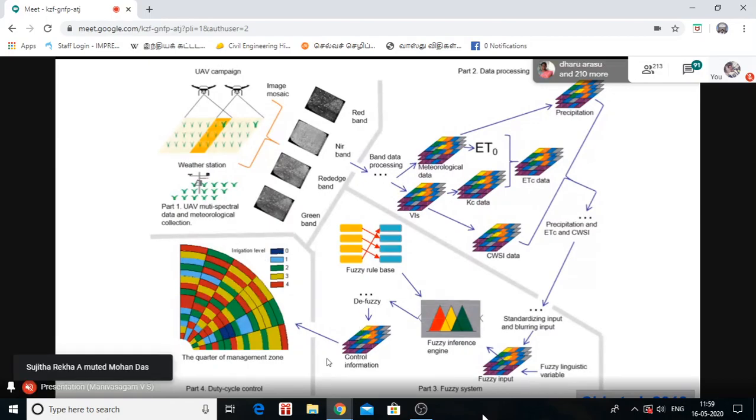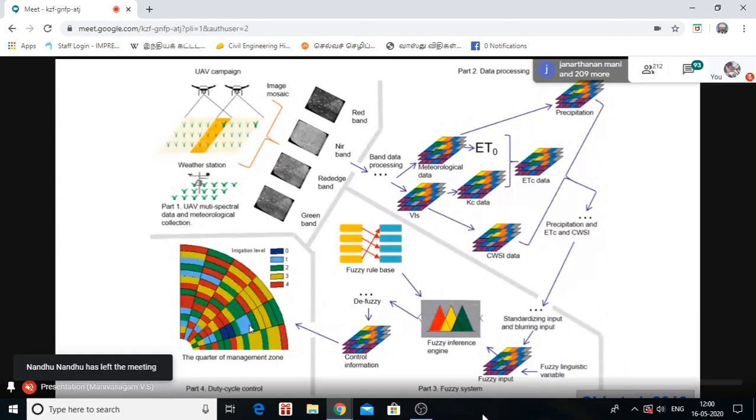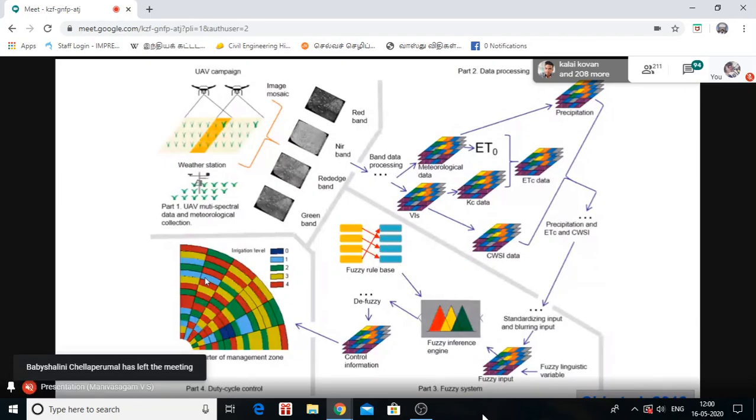So we can classify the condition, and the amount of water released in each zone is different based on its requirement. If you see the previous conventional technologies, we go for the same amount of irrigation for the entire field. But with the available geospatial technology, we can go for site-specific irrigation. So it will save a huge amount of water.